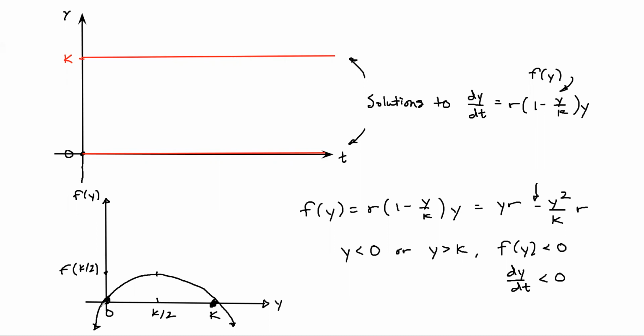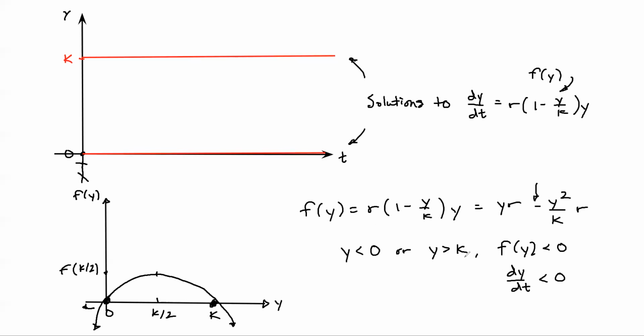So near 0, we have a small negative. And as we move to the left, the outputs are getting larger and larger. And so we have negative slopes that are getting more negative.